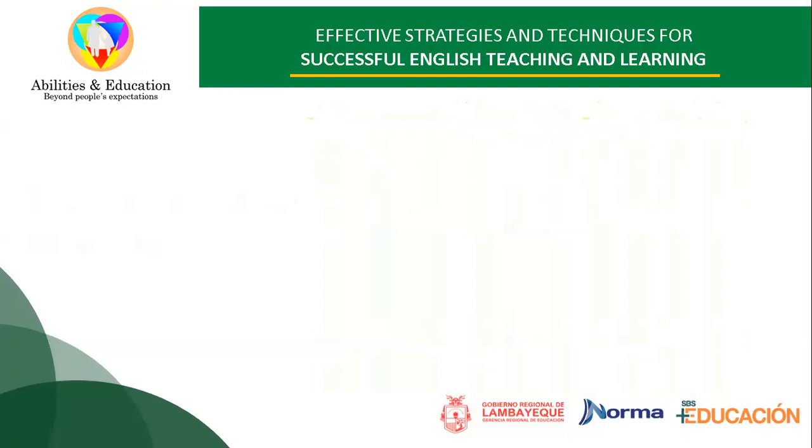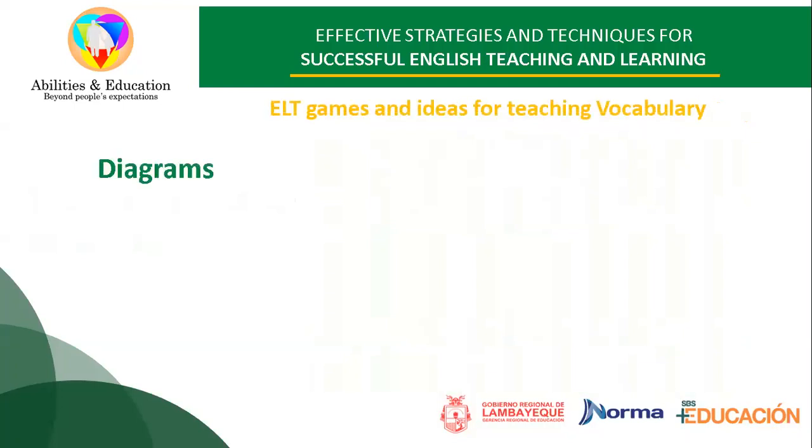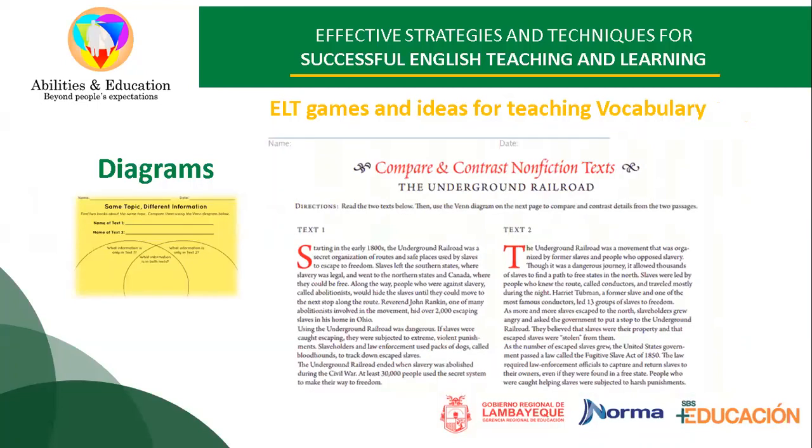Yes, I did. Good. We have also diagrams. For example, this is another technique. You can make students read two texts. Can you see text 1, text 2? You have to make the students read two texts and then use a Venn diagram.